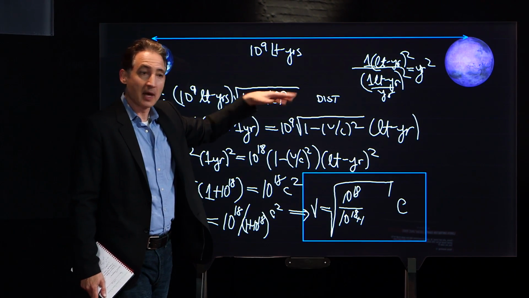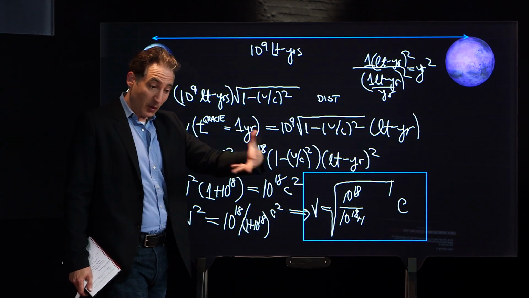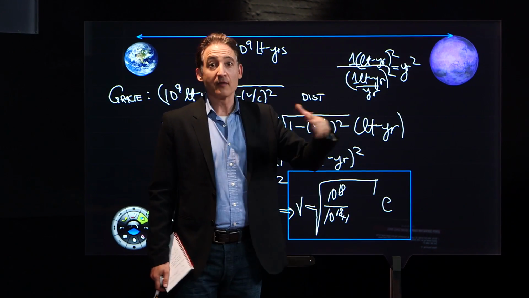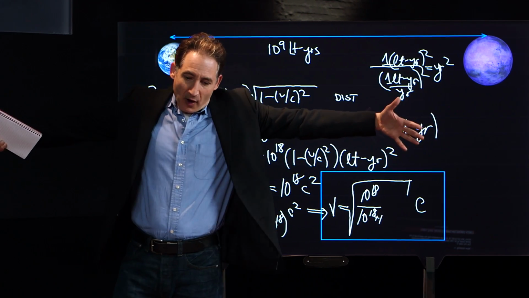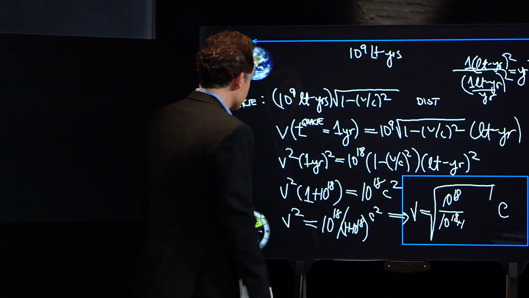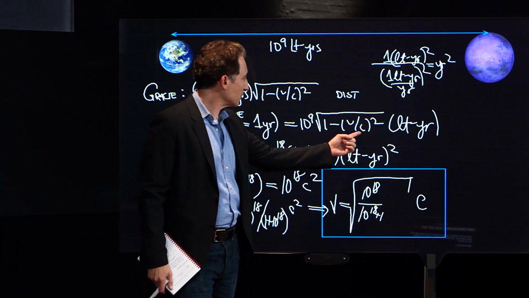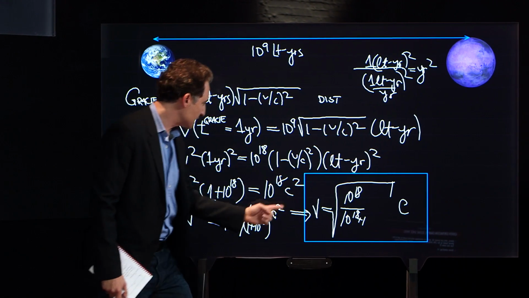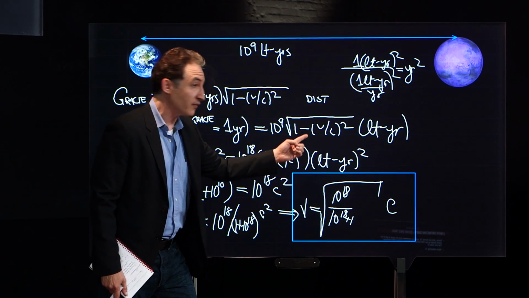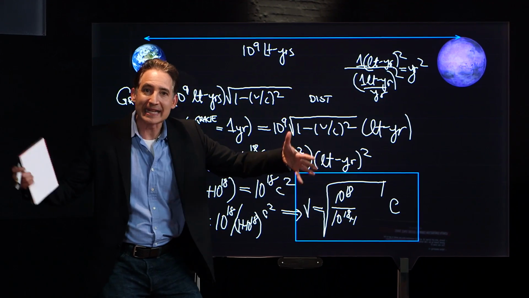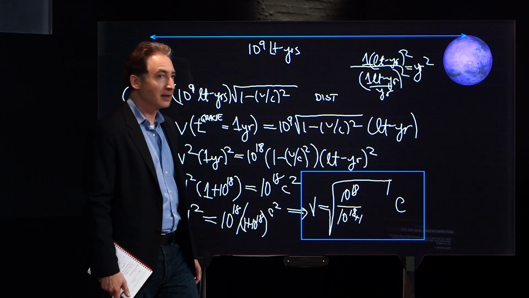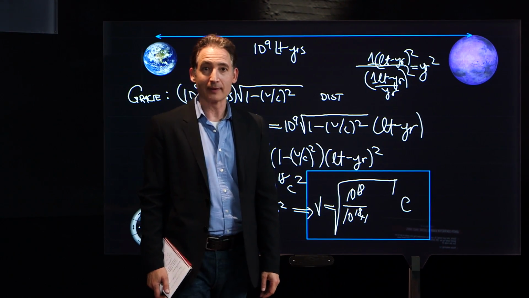From her view, from the view of a space traveler, she's not actually traveling that far. From our view, it's very far away, 1 billion light years away. From her view, it's not, because when v is very close to c, this factor here is very close to 0. So like the taxi cab, that distance is length contracted, Lorentz contracted, and she can, in fact, cover it in 1 year.